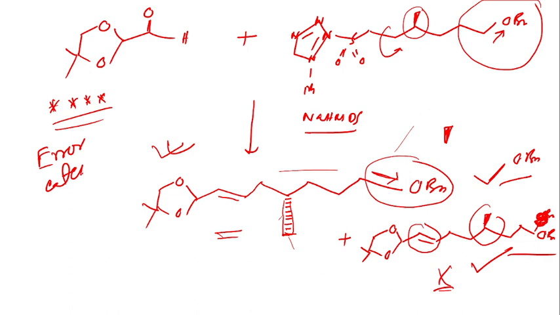So do not make this error. If you are puzzled with stereochemistry, look at the end of the product. If it is the same direction, then it is okay. If it is in opposite directions, then what you are thinking is right. So that is quite interesting.